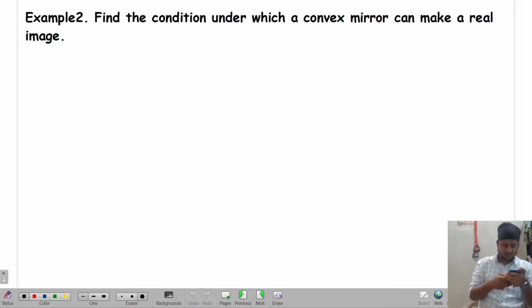Find the condition in which a convex mirror will make a real image. Try to do this question.